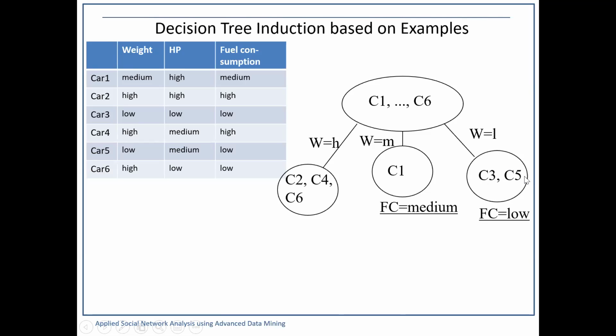Everything belongs to the same class. Whereas information transmitted by this node here is not 0. There is a mixture of observations. There is more than just 0 information. So that's the interpretation of entropy in the context of information theory.